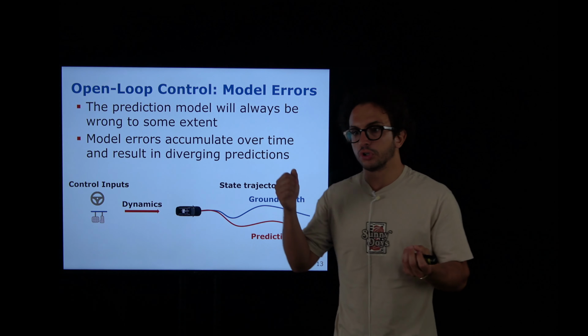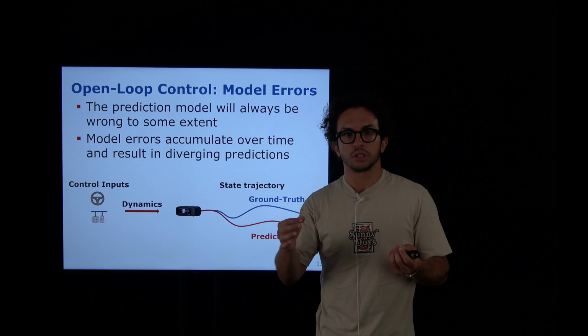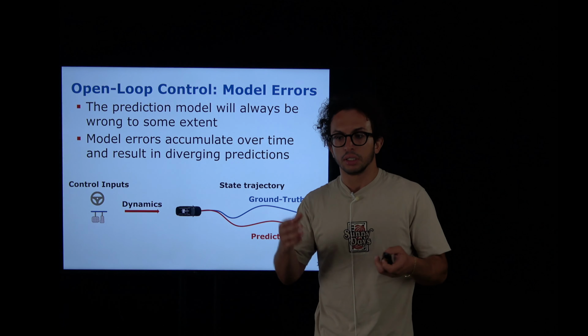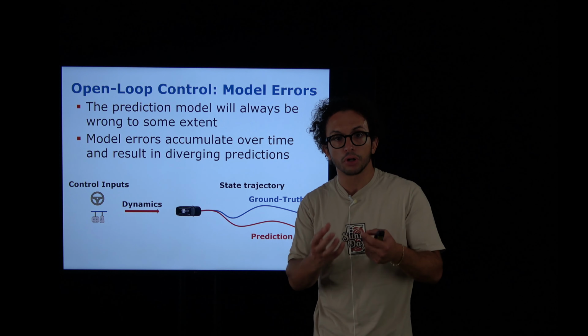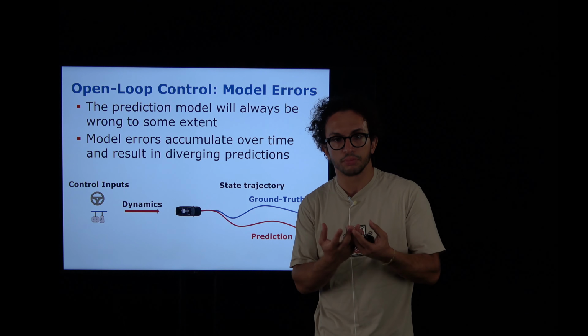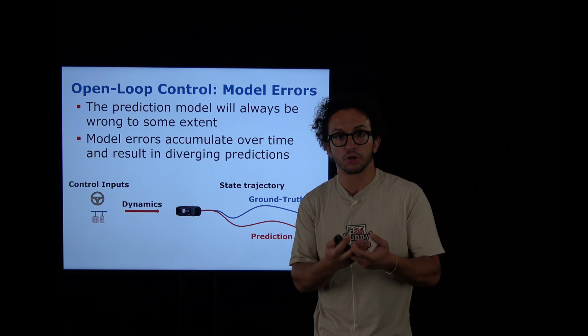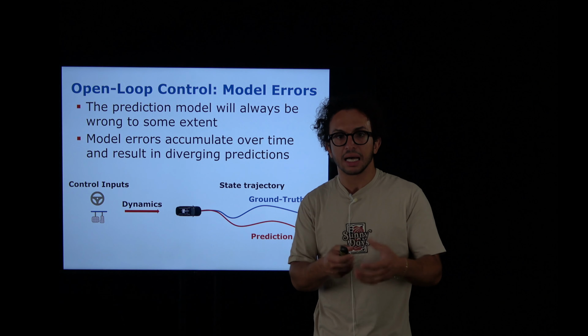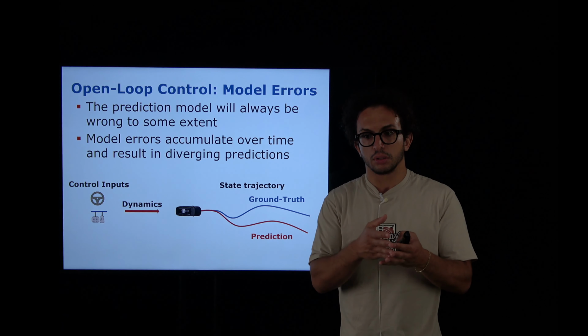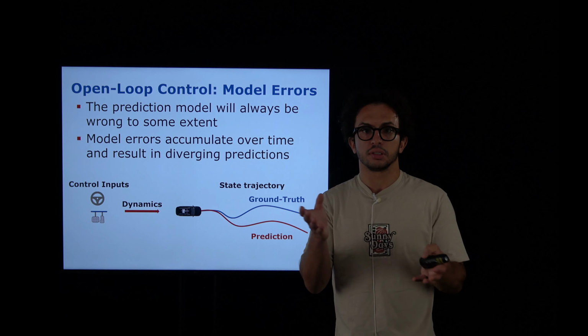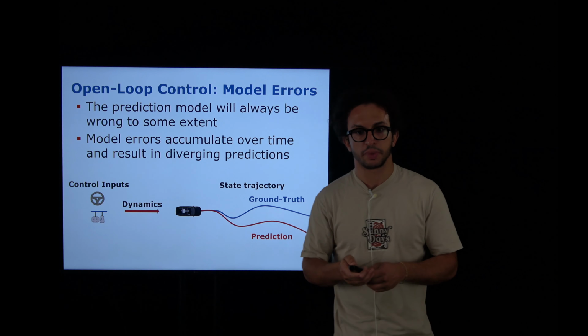You compute the perfect actuation signal and feed it to the robot, but the actual kinematic model of the robot is not exactly what you think you have, and so the behavior is a bit divergent, a bit different from what you would expect.